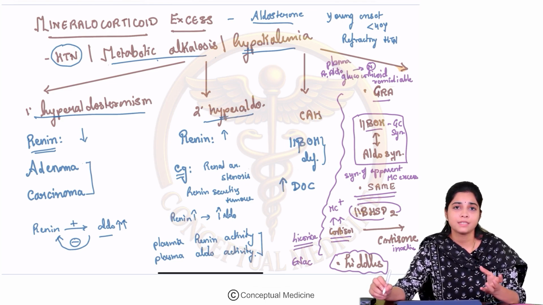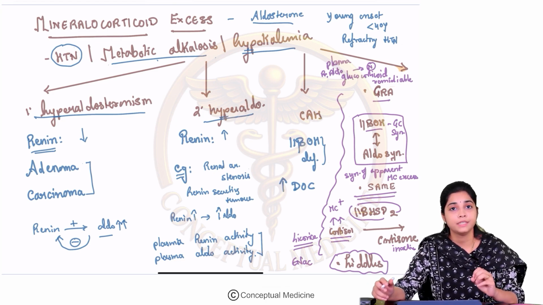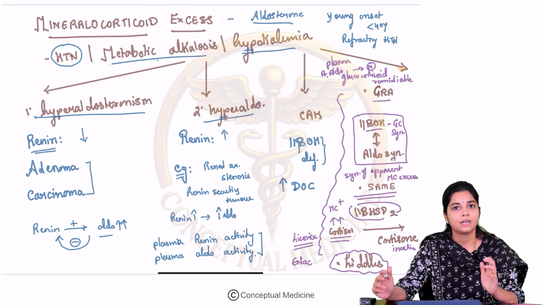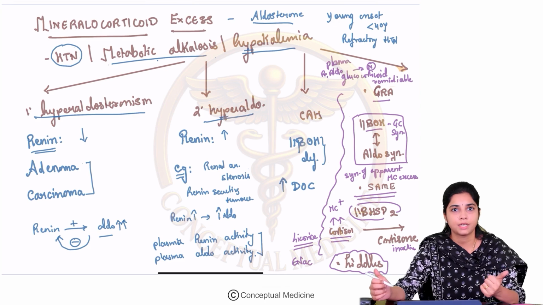Licorice is basically a plant root which is consumed in different parts of the world. Excess consumption of licorice can also cause a similar problem with metabolic alkalosis, hypertension and hypokalemia. Okay. So to bring things back into perspective, what are we discussing? We are discussing the various etiologies of hypokalemia, under which section we are discussing renal losses. Under renal losses, we have already seen Bartter-Gitelman.